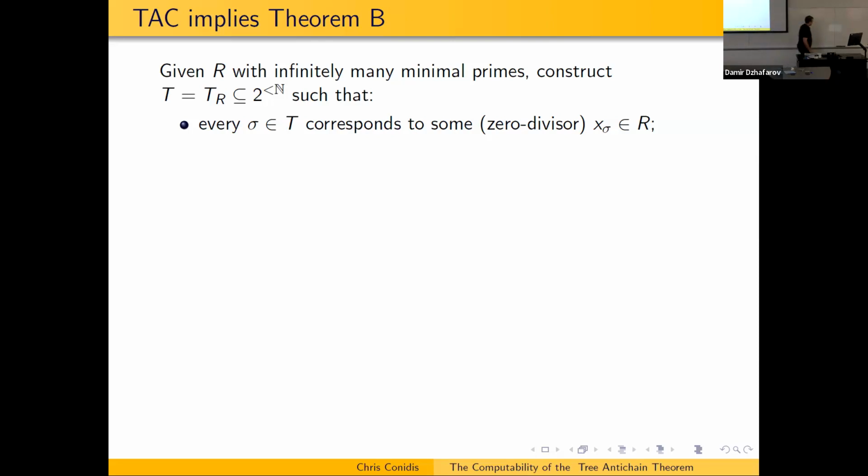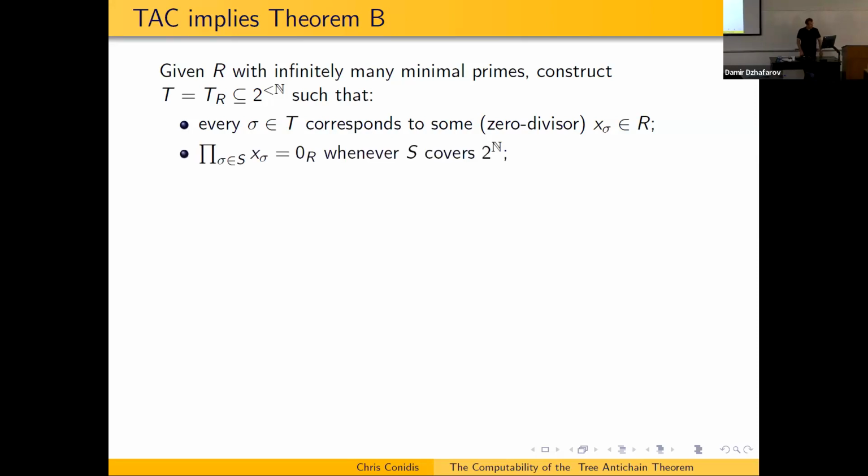And the way that it's going to work is, the important thing in the second bullet point is the set capital S. Whenever you have a set S that covers the entire Cantor space, then the product of ring elements corresponding to that covering is going to be 0, right?